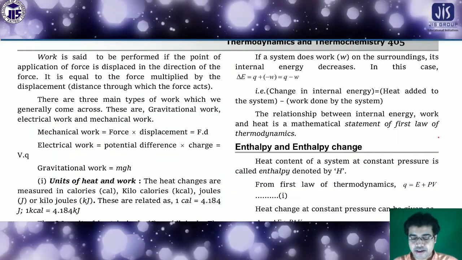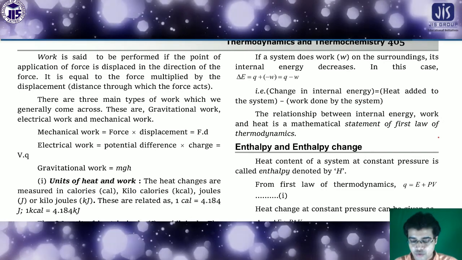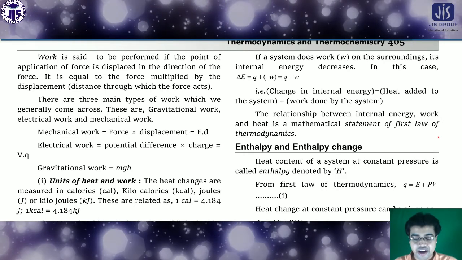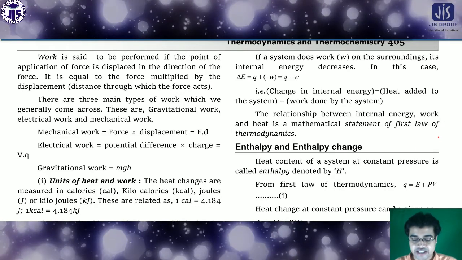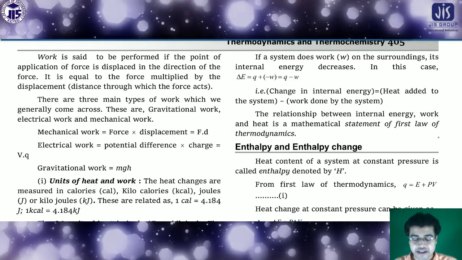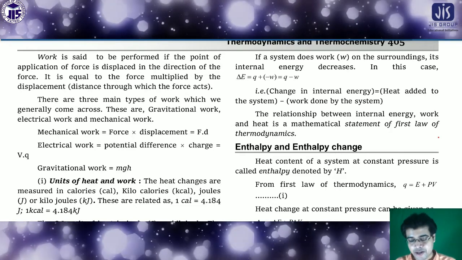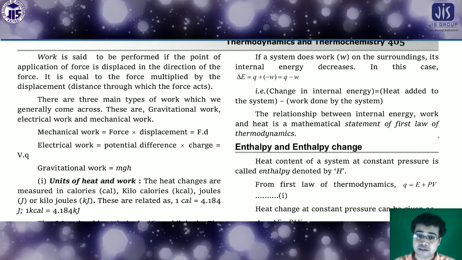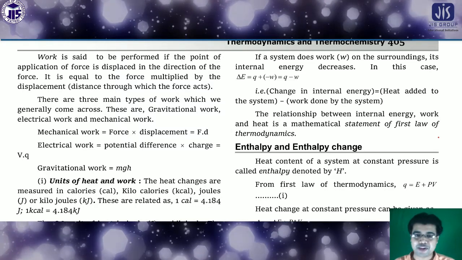Okay, so if a system does work on the surroundings, its internal energy decreases. In this case we can write delta E equals Q minus W. That means there is a sign convention for work. There are two types of sign you can take.